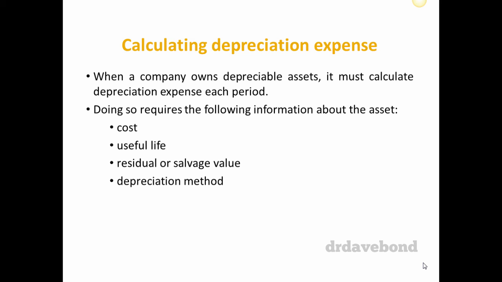We need the cost, $65,000. That's 1. We need the life. That's 2. We need the residual value. That's 3. And we need method. That's 4.